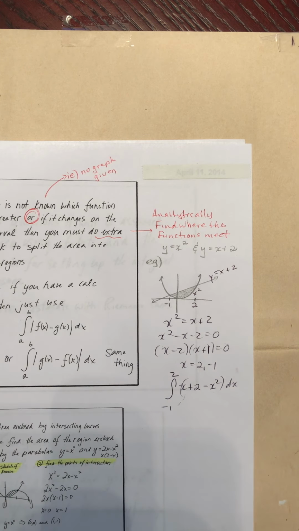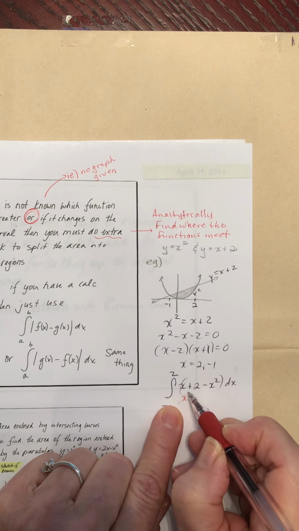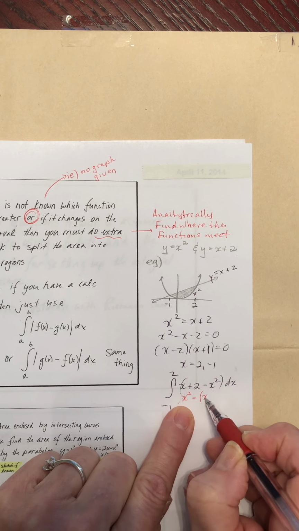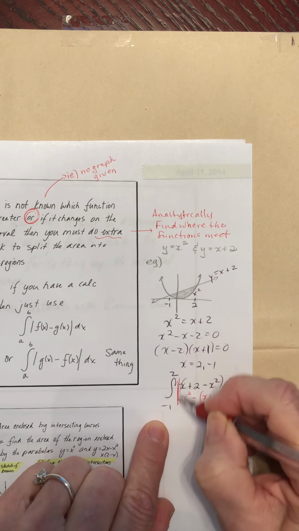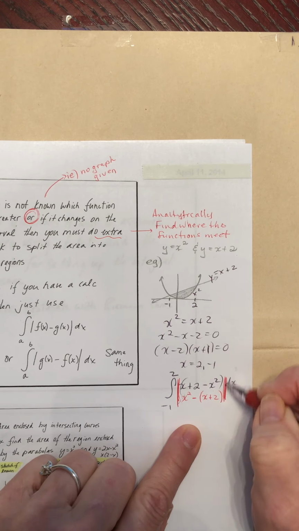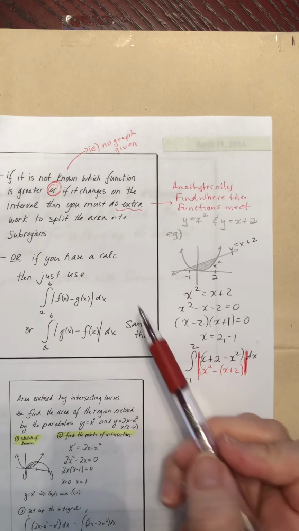If I screwed up and did it the wrong way, if I said x squared minus, and then of course you're going to make sure you use brackets, take that through, I'm going to save my possibility of getting a wrong answer by simply absolute valuing it within. And then you'll get the same thing. So that's what this is showing.